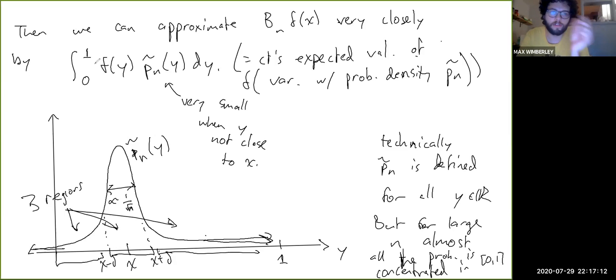So all I have to do is control the error from the other parts of the interval by forcing Pn to be extremely small in those regions. And then in this interval here, I just have to make it small enough that f itself is almost constant on that interval. Then we have an area that's almost equal to 1, so that the integral just over this piece is almost exactly f of x itself, okay?